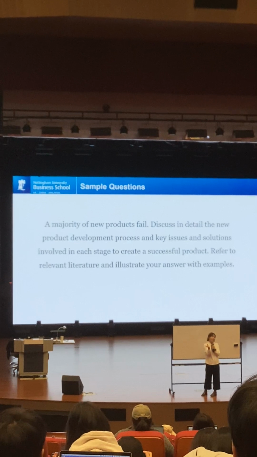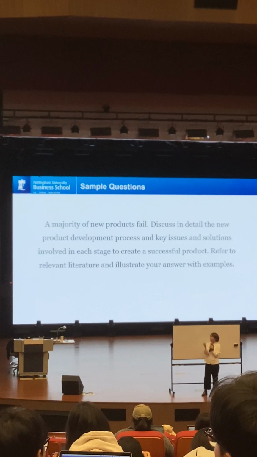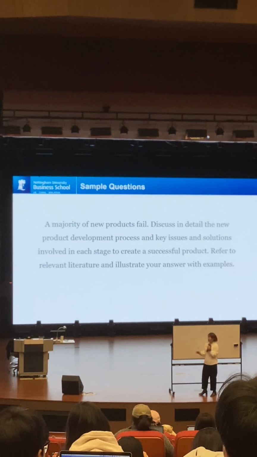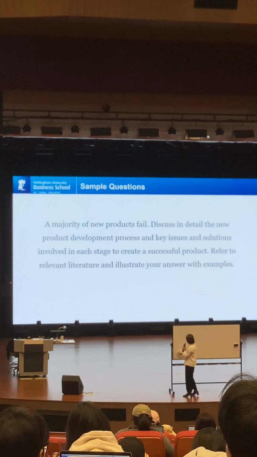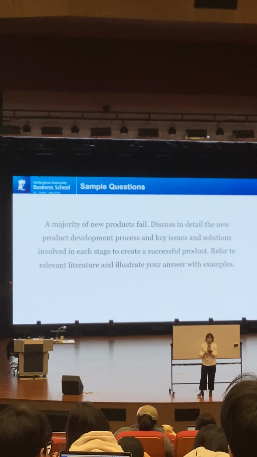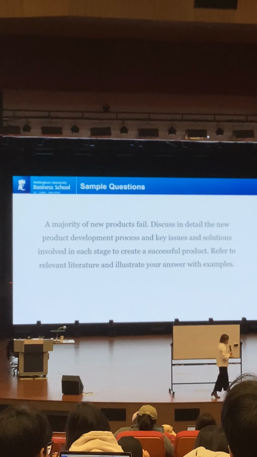But it's not that you lose your focus, okay? You should still focus on these three main parts. And at the end, you will have a few sentences to conclude your main body contents. So, this is the typical structure.